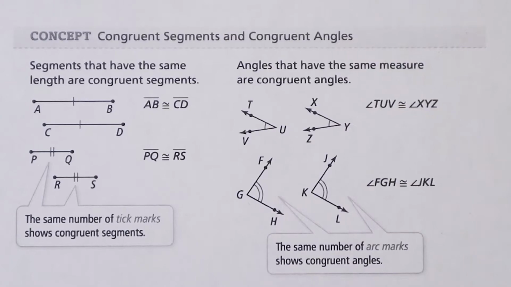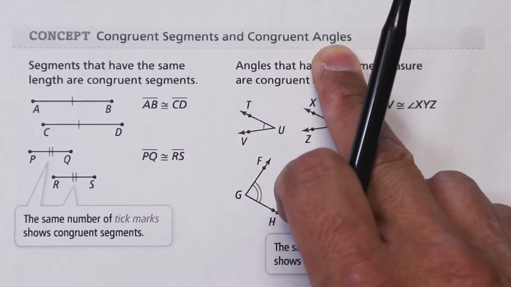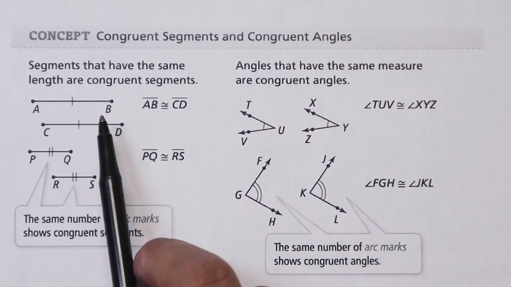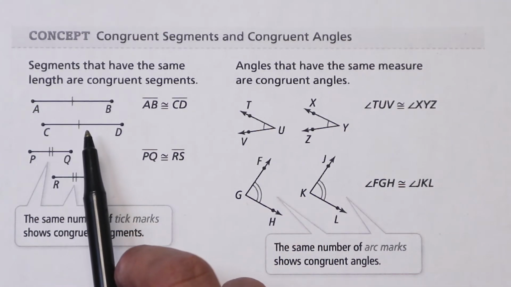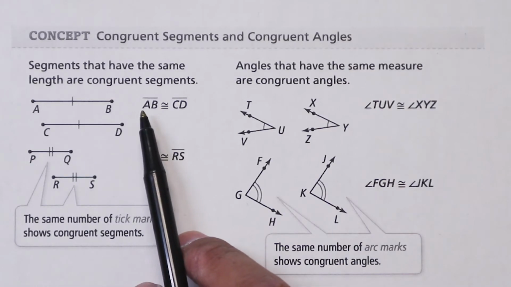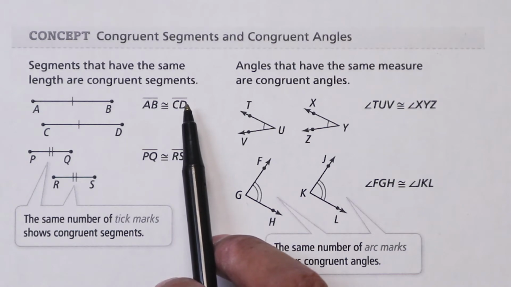Well, the next concept you have to learn is something called congruent segments and congruent angles. These are just notations. There's not really a lot of math here. It's just that if you have two segments that are exactly the same length, we're going to use these little tick marks to indicate that they are the same length. So here we're going to say segment AB is congruent to segment CD.